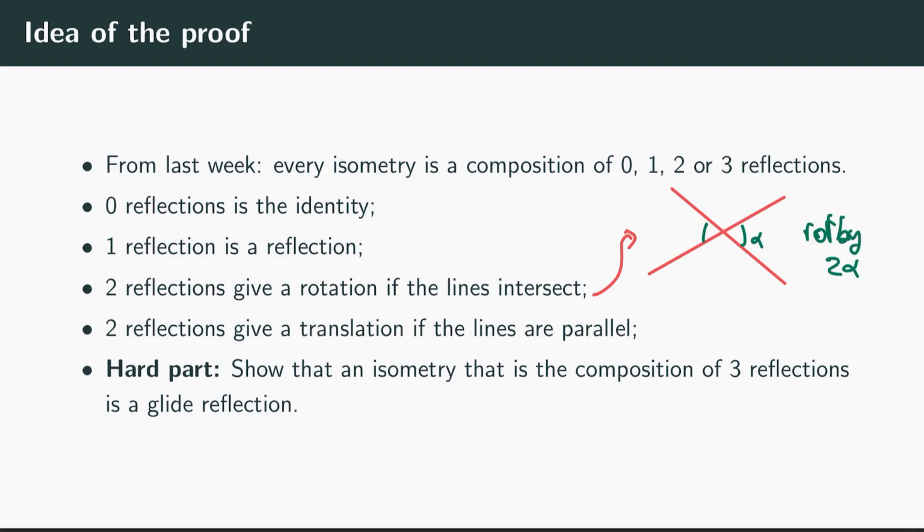So that's very nice. And of course, if they meet at right angles, you're doing a rotation by 180 degrees. Okay, and then two reflections give a translation if the lines are parallel. That one also is going to follow from the work we just did.